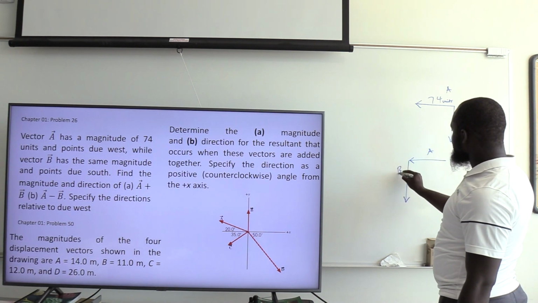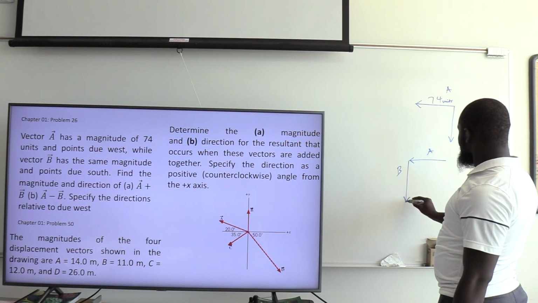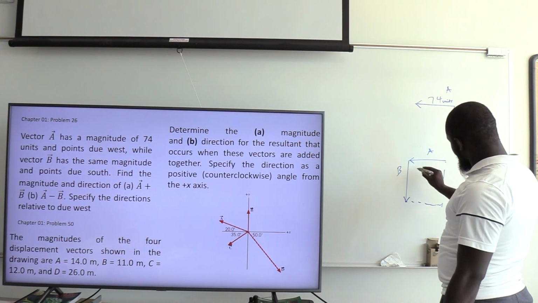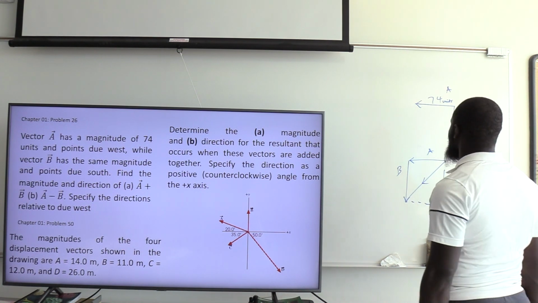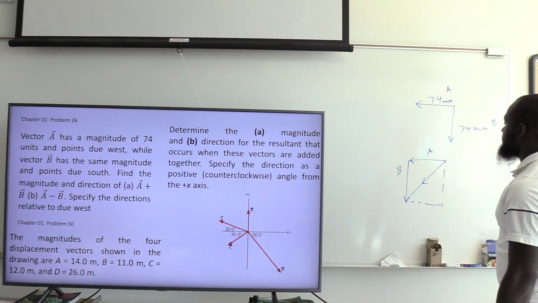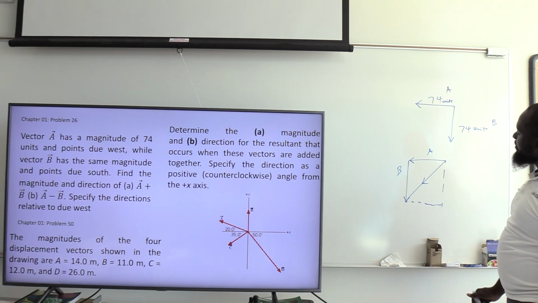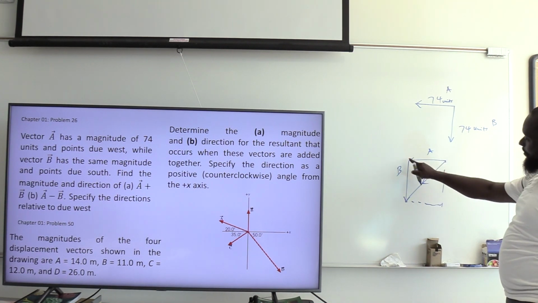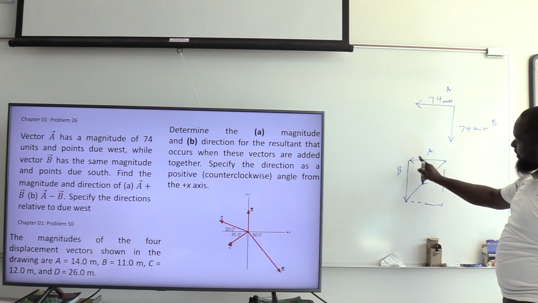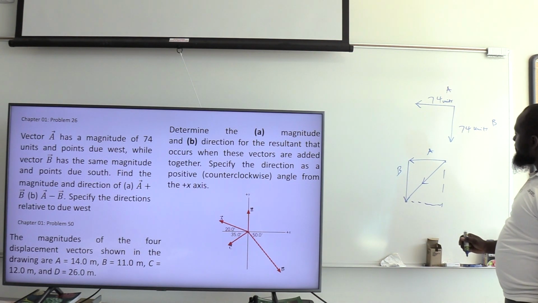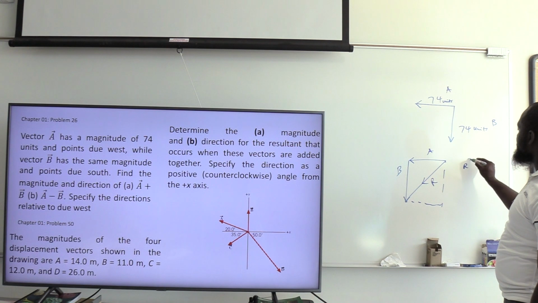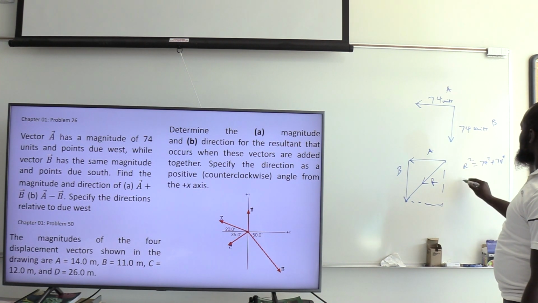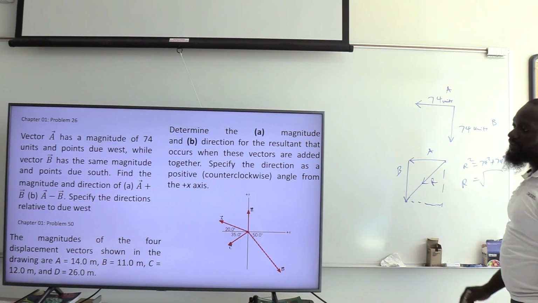So this is A plus B, and my resultant is from the starting point to the ending point. So this is A plus B. It's going to be R, with 74 and 74. So R squared is 74 squared plus 74 squared, so R will be the square root of that.